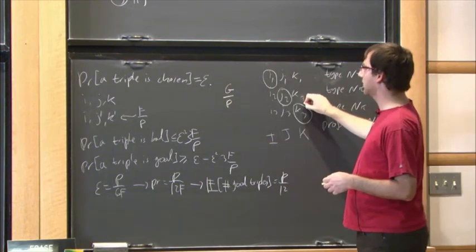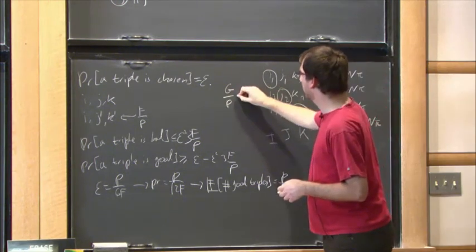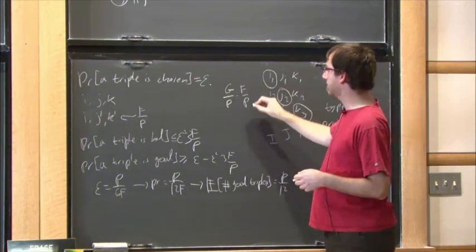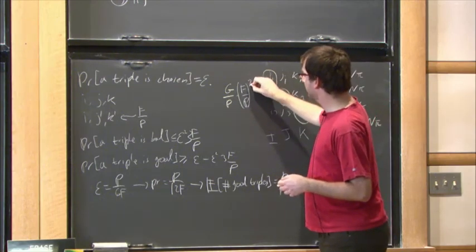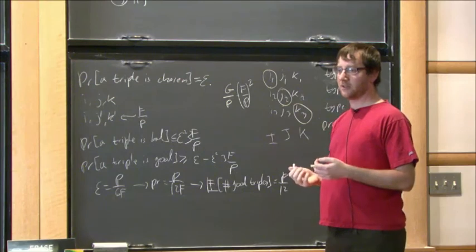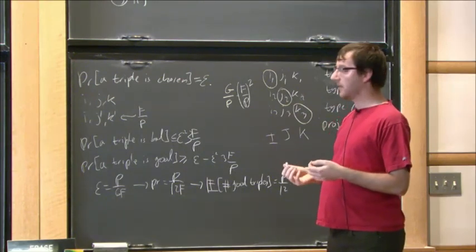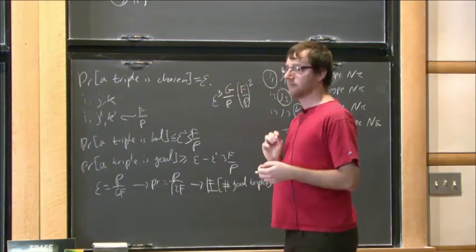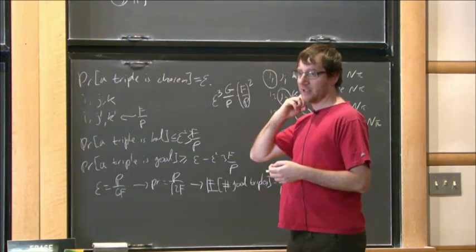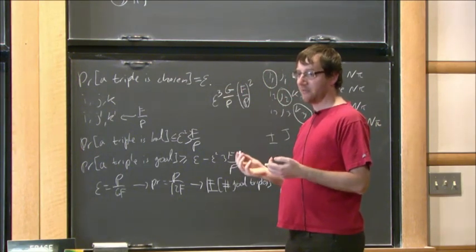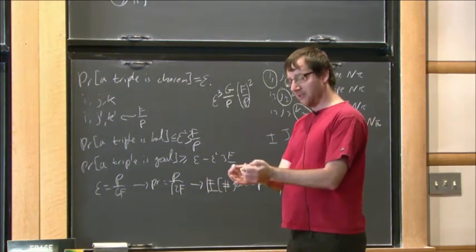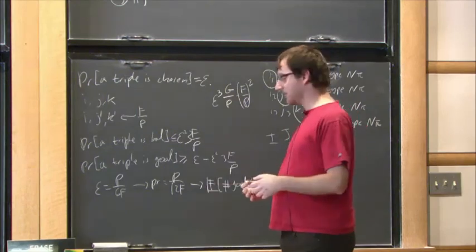And to choose this triple, now I have F over P. And to choose the final triple, I have another F over P. Okay, so these are the number of potential conflicts. And each of them happens with probability epsilon cubed. Okay? And now you can do the same optimization, and you'll get some value for the probability that the triple is good. And you'll get some value for the number of good triples.